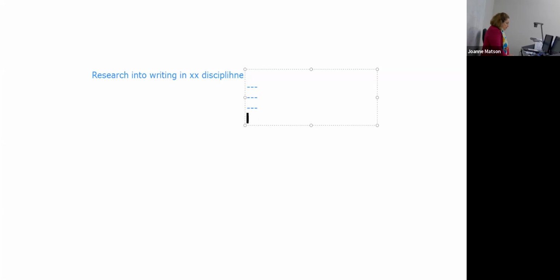So in order to write this report on research into writing in X discipline, I'm asking you to do a couple of different kinds of research. The first one we started with is interview research, and that's what you're working on right now.